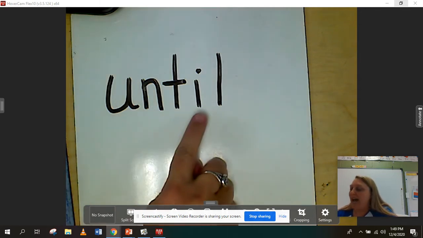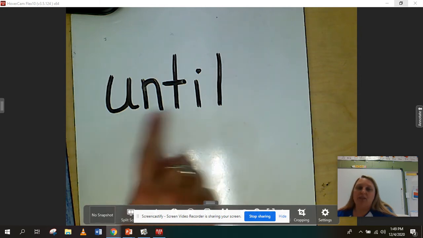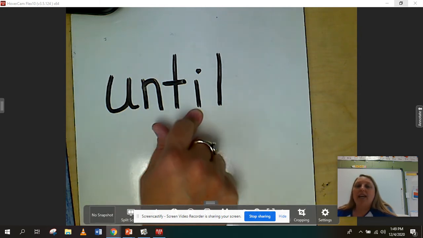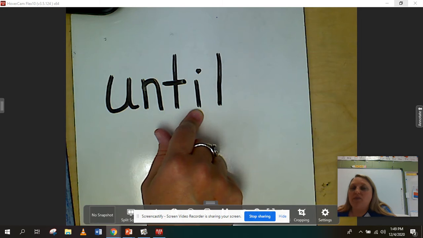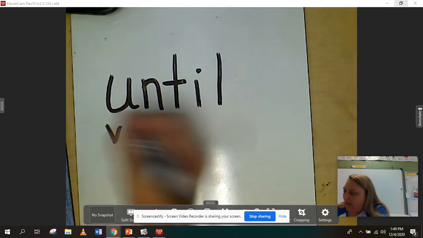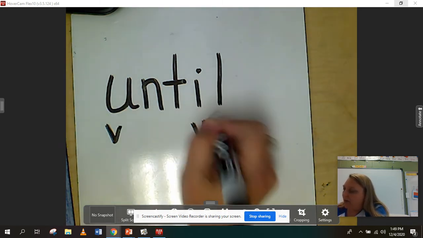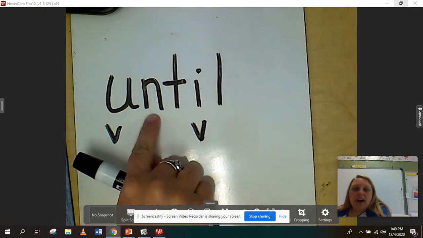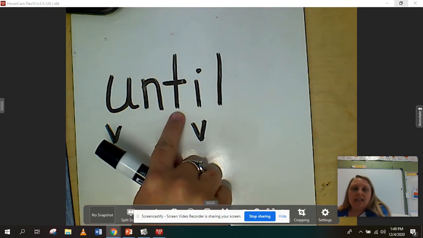This one happens to have 2 vowels, the U and the I. And if we come across 2 vowels, we need to check to see if it's a vowel, consonant, consonant, vowel. All right, so we know this is a vowel, and we know the I is a vowel. We have to figure out if N and T are vowels.